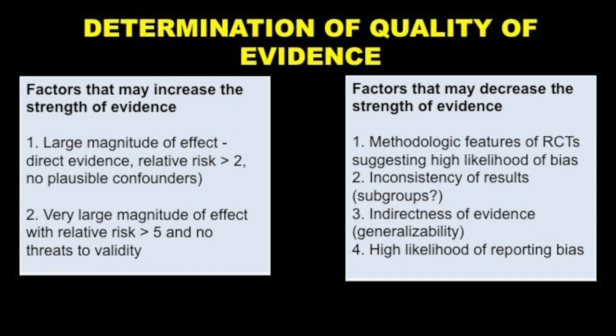You might downgrade the studies in terms of its quality of evidence if you've got methodological issues with the RCT, biased, inconsistent results, using subgroup analyses a little too much, or high likelihood of reporting bias. Okay? And this is all information you can get online.